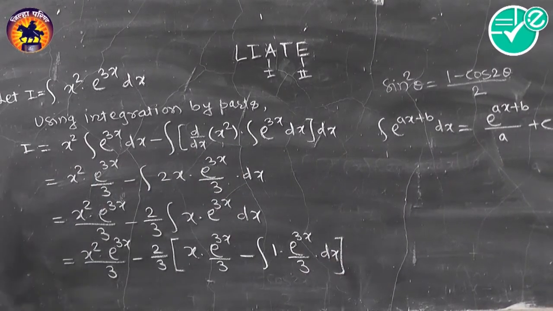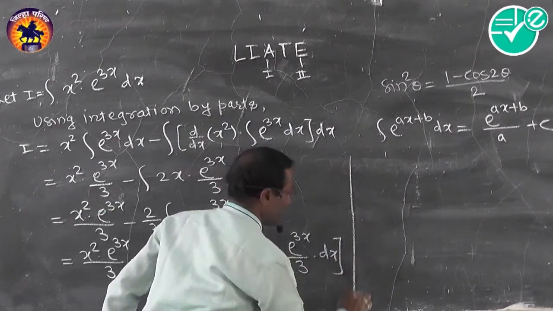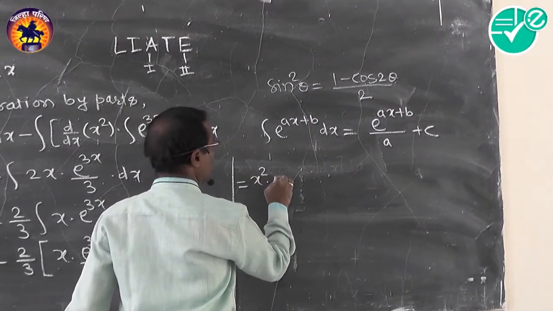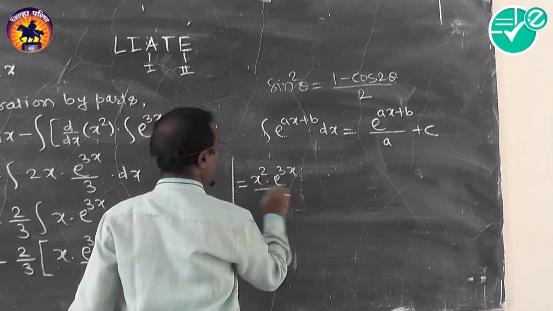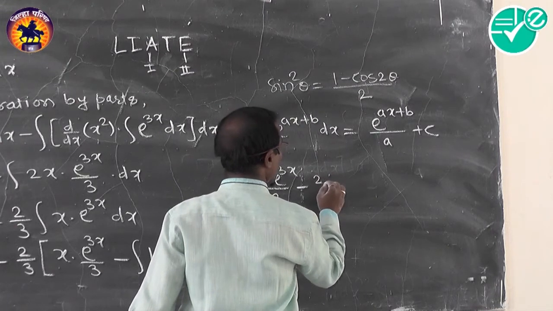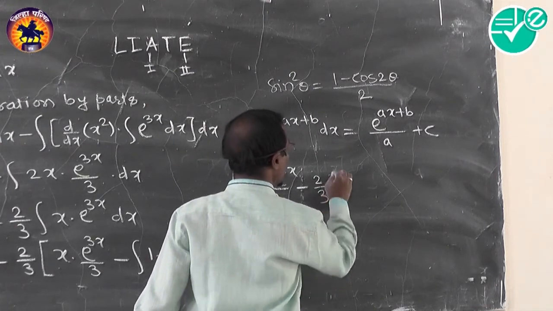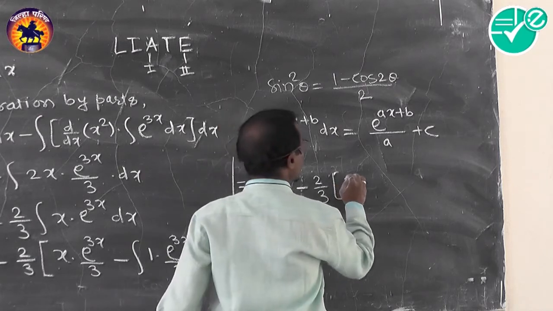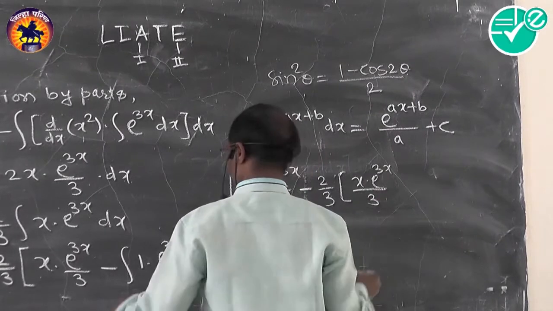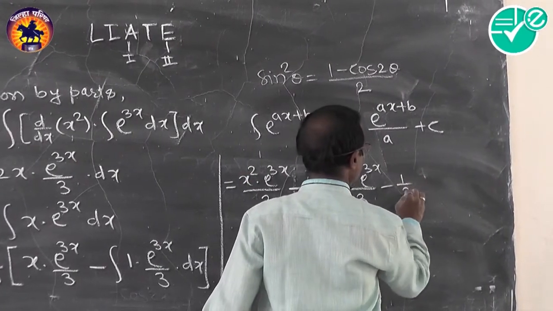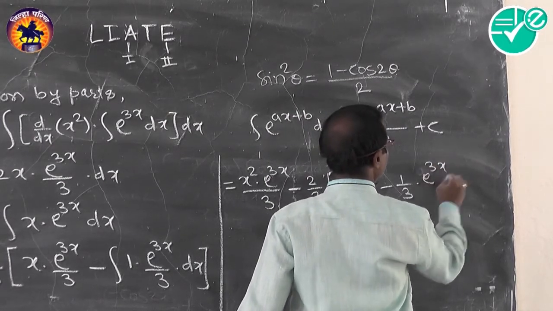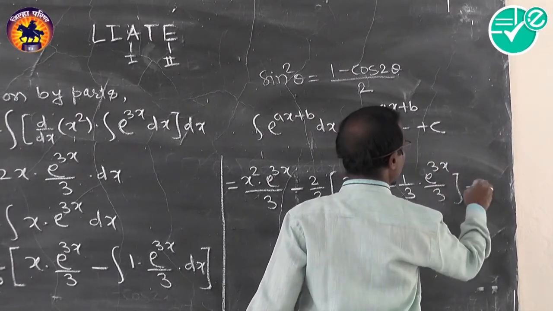Now again we take the integration of this function. So how we can take it? X square into e to the power 3x upon 3 minus 2 by 3 into x into e to the power 3x upon 3 minus 1 by 3 into integral of e to the power 3x is e to the power 3x upon 3 plus c.